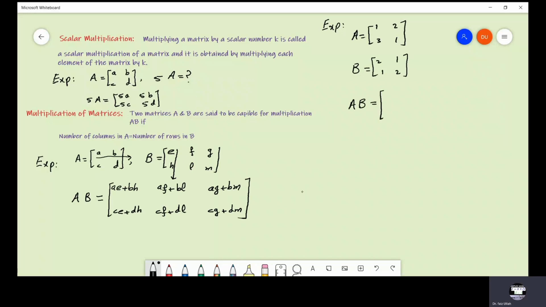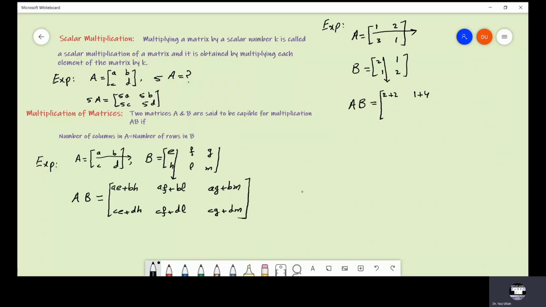To obtain the multiplication AB, we must multiply the first row of A with the first column of B. So we obtain 1 into 2 is 2, plus 2 into 1 is 2. Similarly, 1 into 1 is 1, plus 2 into 2 is 4.